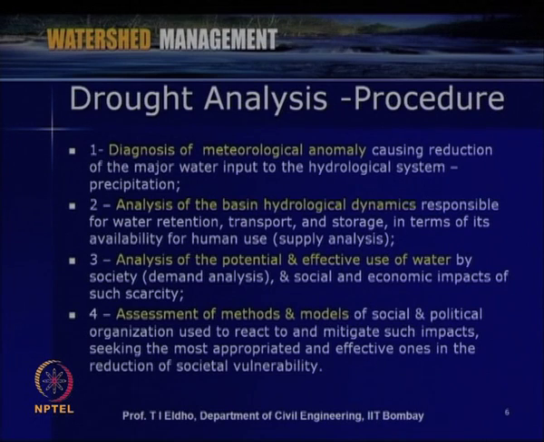Say for example, in a country like Israel, where the rainfall is much less, they are still managing their agriculture and the whole system very effectively. That is mainly demand management or demand analysis. So in step number 3, we have to deal with the analysis of potential and effective use of water.